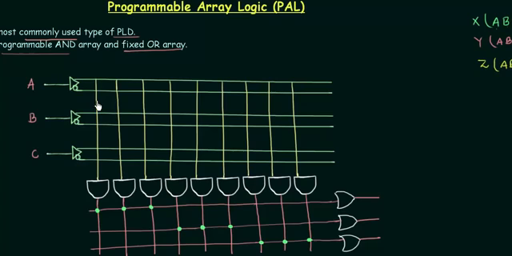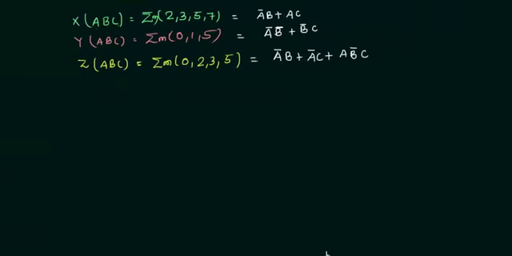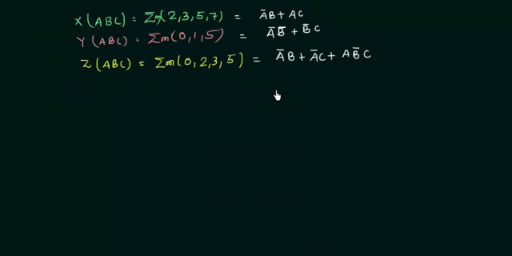So once you are done with your input buffer, it's time for the AND array. Now the number of AND gates will be decided depending upon the minterms. In the first case, I am having two minterms, a complement b or ac. In the second case, again I am having two minterms, but in the third case I am having three minterms. So remember, whatever the highest number of minterms, we will take it.